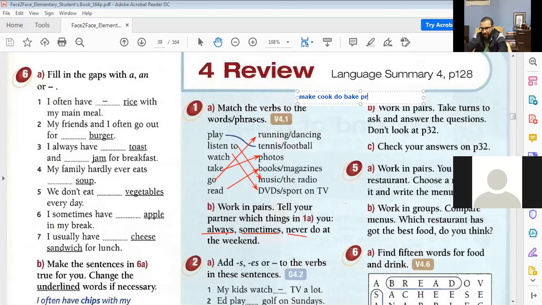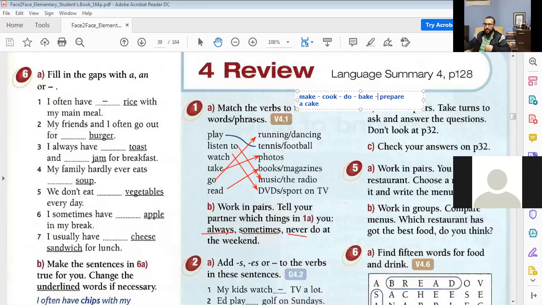Okay, so which verb do you think is the best from this list? Make. What do you think, Rana, about cake? Make. Make, you think make?